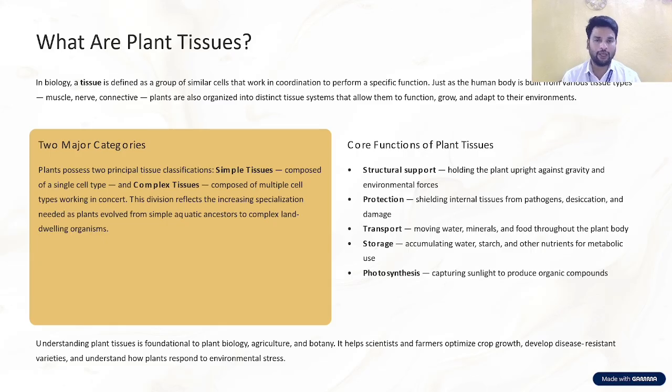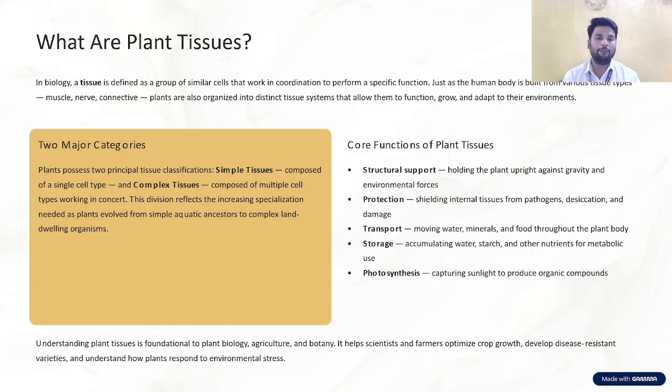Core functions of plant tissue: basically there are so many functions of plant tissue. First one is structural support, second protection, third transport, fourth storage, and fifth photosynthesis. For structural support, the tissue helps in holding the plant upright against gravity and environmental forces.